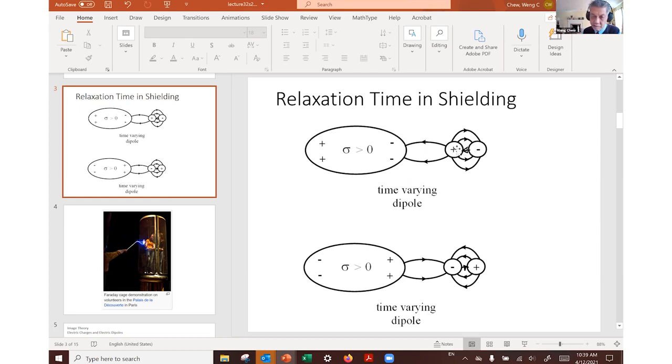And in this instance of time, when this is positively charged, this is negatively charged, then it has to be such that there will be negative charges on this side of the conductor. Okay, this is a conductor, this is a dipole.